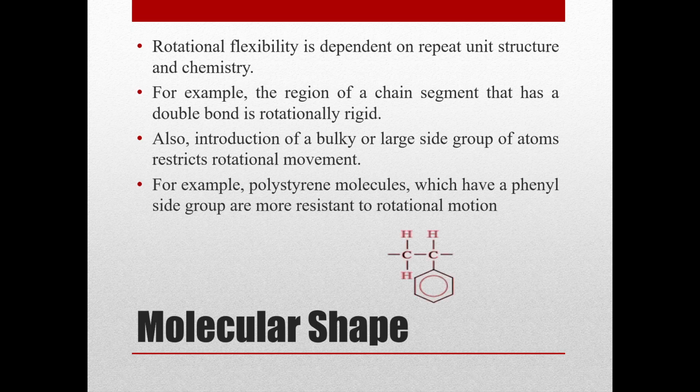As we can see here, the repeat unit of polystyrene has a benzene ring, two carbon atoms and three hydrogen atoms. Similarly, polyethylene is similar, the only difference being that instead of the ring, there is another hydrogen atom. Because of the bulky side group, the rotation of the entire molecular segment around itself is restricted, so it is more resistant to rotational motion.